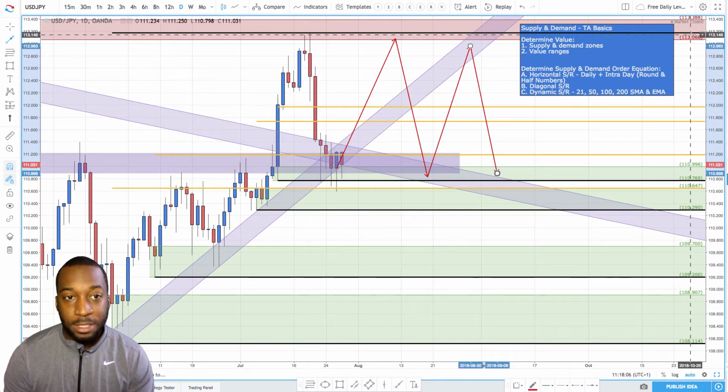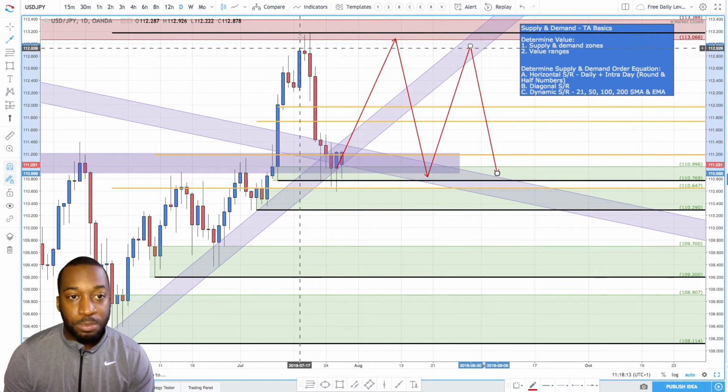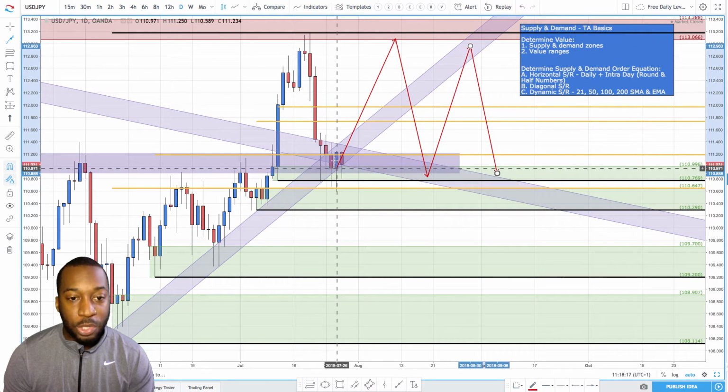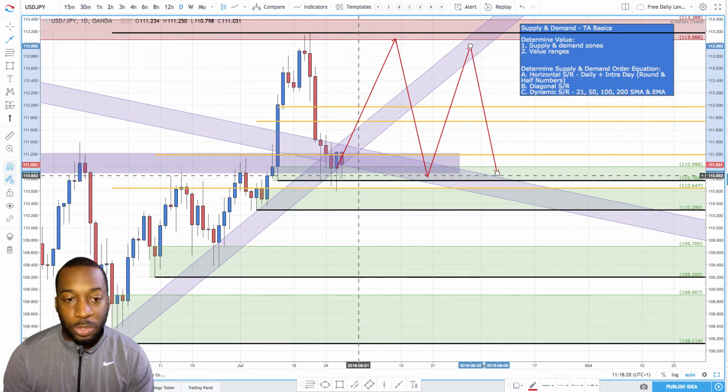So when I say prices at the moment, an expensive area was the 113,176, right? Buyers didn't want to buy above here, but now we're getting buyers looking at potentially, or demand potentially coming into the equation right here at the 1103 level. So that's around about 200 pips, right?